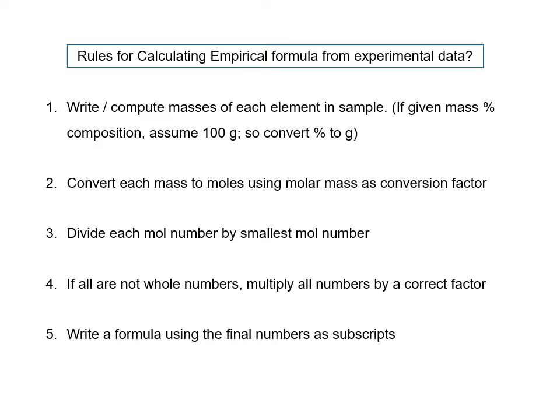And then the rest is just like the problem we just did. You divide each by the smallest mole value. And then if all of them are not whole numbers, you should get all whole numbers, but a lot of times you will not. Then you will have to multiply all the numbers by a factor that will get rid of the fraction or make everything a whole number. And then you write a formula using the final numbers as subscripts.